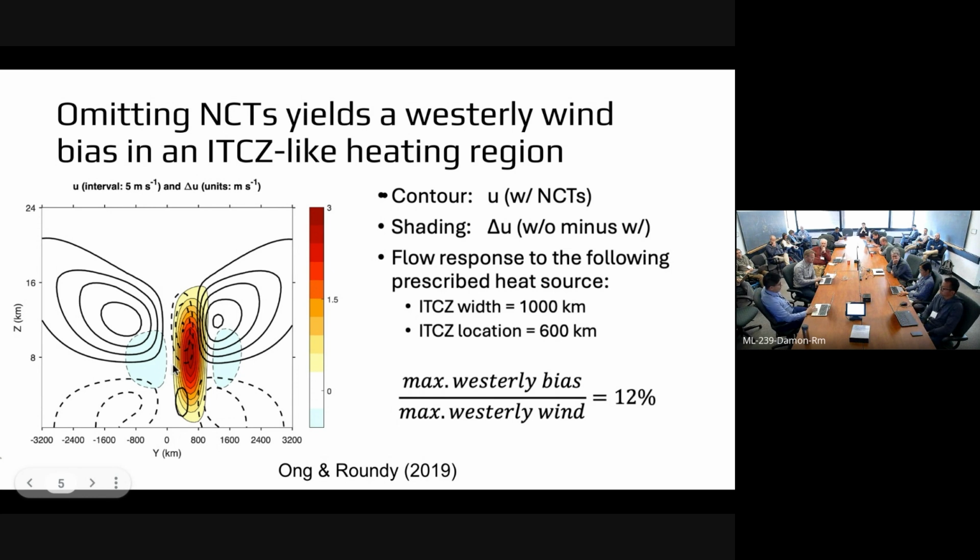But we also see this red color, which means zonal wind bias due to omitting the non-traditional Coriolis terms, which sits right on the ITCZ. In this linear model, that westerly wind bias is 12% of the subtropical jet.